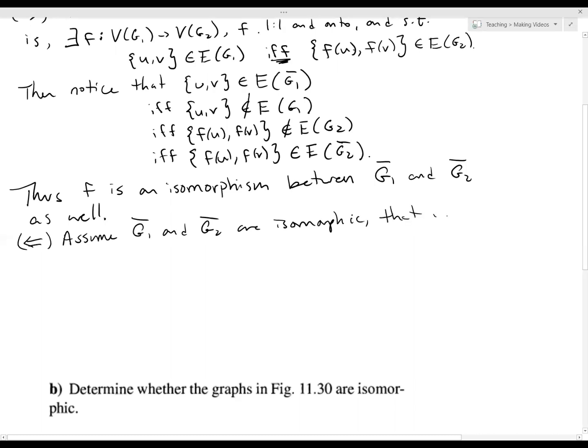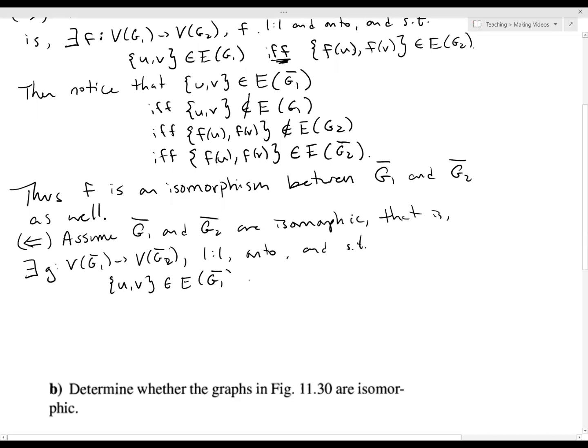That is, there exists a mapping g from V of G1 bar to V of G2 bar, one-to-one, onto, and such that UV is an edge of G1 bar if and only if g of U, g of V is an edge of G2 bar.